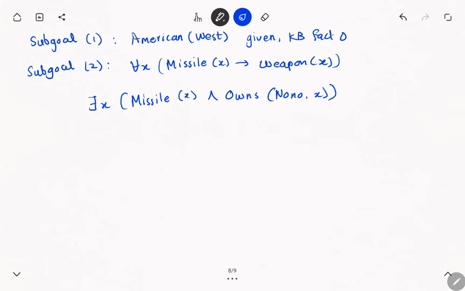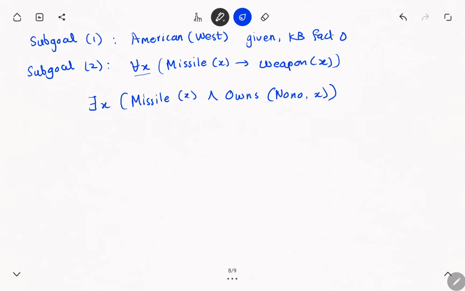Now, how do I know I have to use this rule? See, because in order to prove this sub goal, I need to eliminate the variable on the left hand side. Now this is a universal quantifier over here, so I can substitute this with anything. It should be true for all values of x.